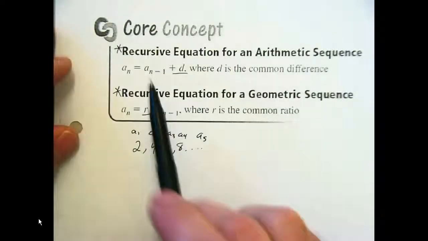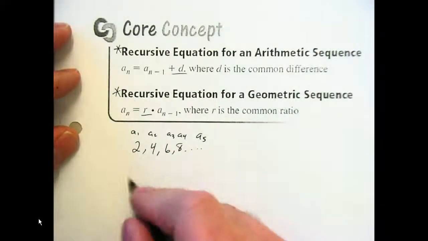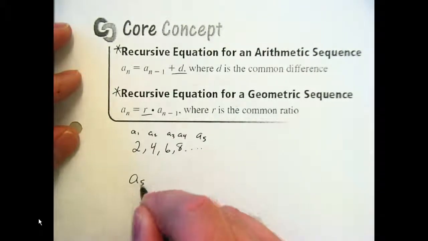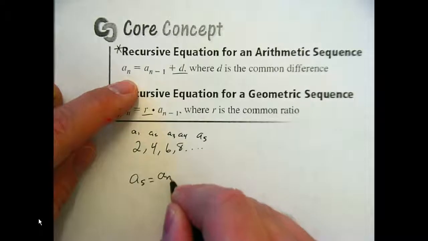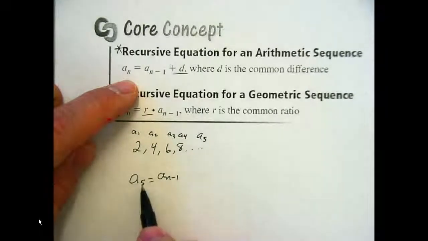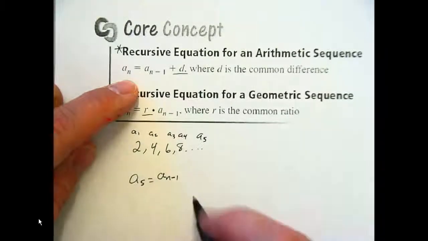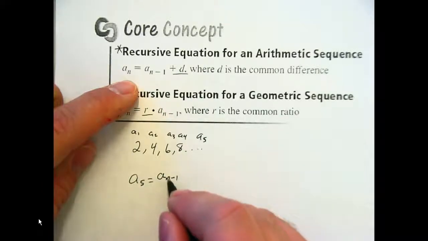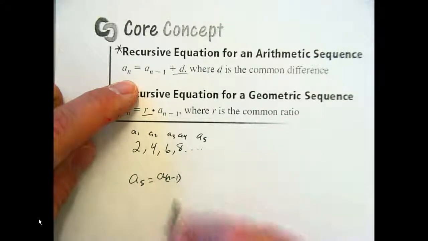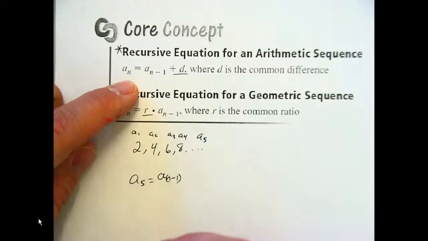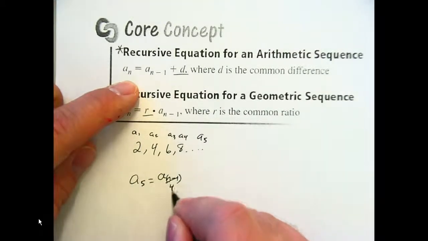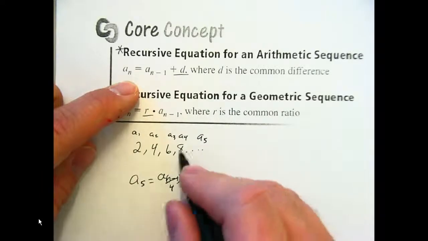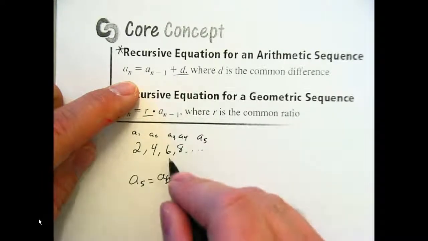The recursive formula says, if I want to know a sub 5, I could take a sub n minus 1. If n is 5, what's n minus 1? 4. Yeah, it's 4. So I would take a sub 4, and I would add my common difference, which in this case is 2.